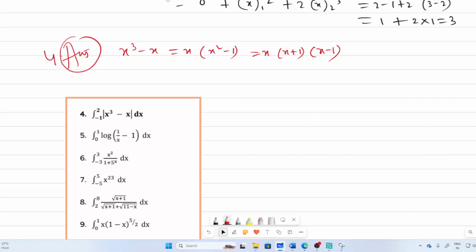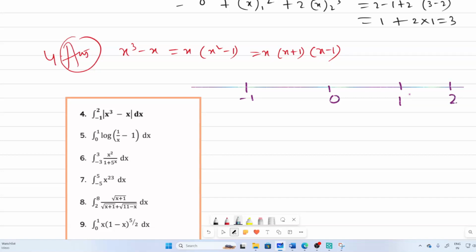There it was a sum of 2, here it is a product of 3. And if you plot the number line here, the interval is given from minus 1 to 2, with points minus 1, 0, 1. You must write 2 also by this method.